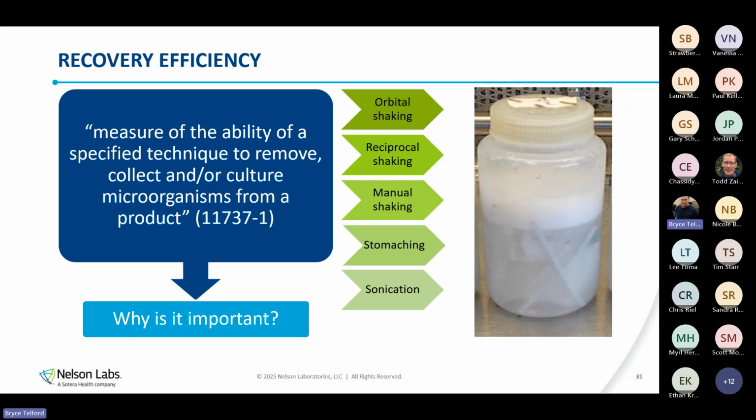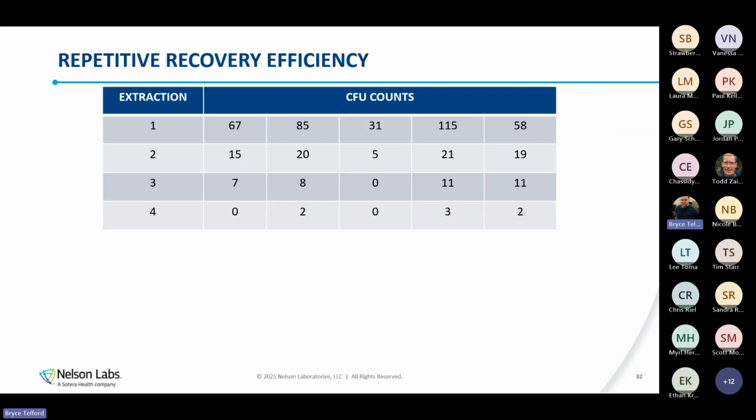So they're going to look at your bioburden. They're going to look at how your dose is set, because that's your entire sterilization validation, that dose setting. And that means they're going to look at your recovery efficiency, because all of that dose setting runs through that recovery efficiency. So let's take a little bit deeper dive beyond just what a recovery efficiency is and how to look at and interpret some of that data.